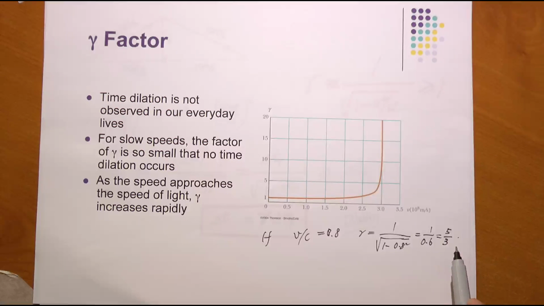So according to the Earthbound observer, if he looks at the astronaut and everything he does through the telescope, he finds that his heartbeat slows down. Instead of 1 beat per second, it is now 5 over 3 seconds per beat. In other words, the heart rate is almost only half as much.